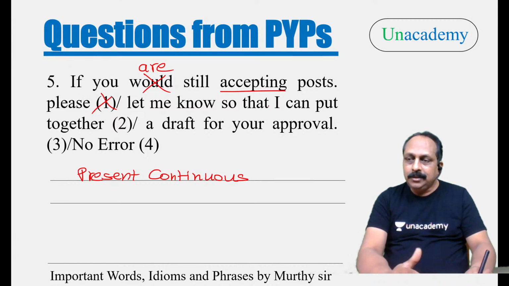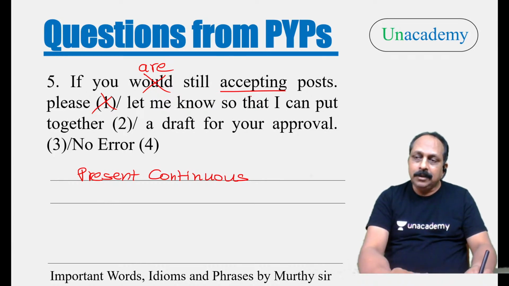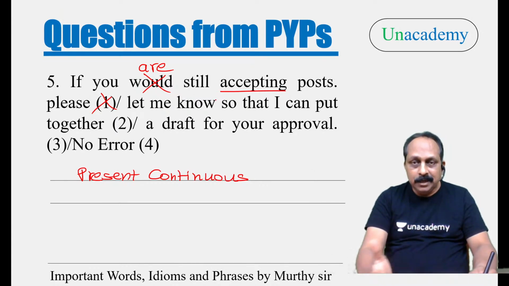No, you cannot change so many words. If you still accept, no, if you're still accepting, here we use present continuous. Context based, if you ask, sir, how can you say present continuous? Based on the context. If you're still accepting, I am ready to give something. If you are willing to accept, I am ready to give something.